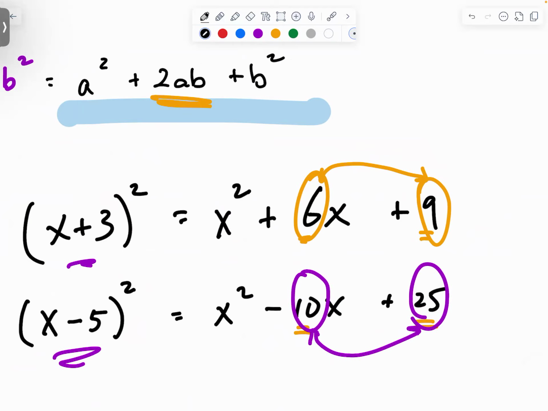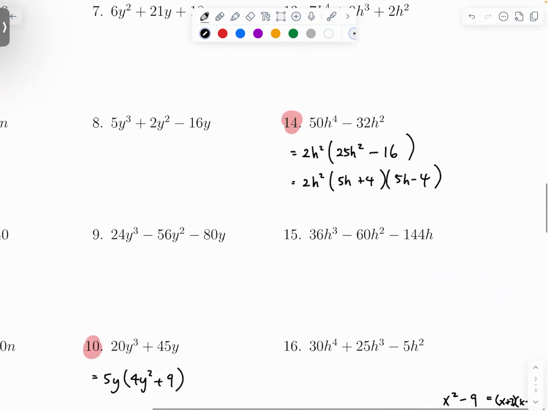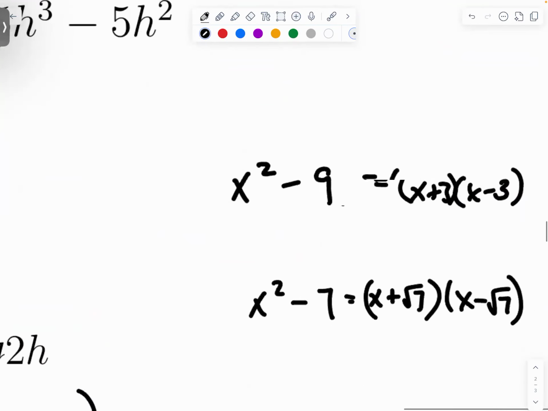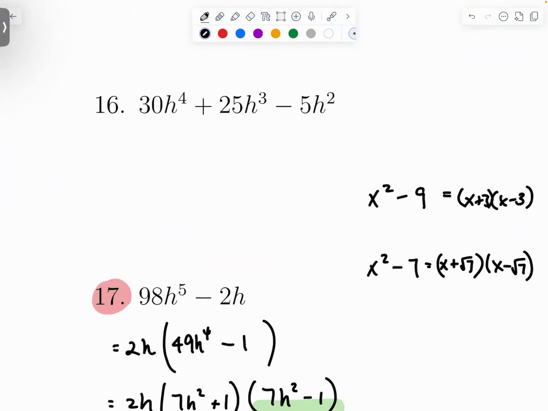In the future, you need to understand that every single number is practically a perfect square. It's just that it's a perfect square of something ugly, but they are perfect squares. So that's it. That's the skill that you need.